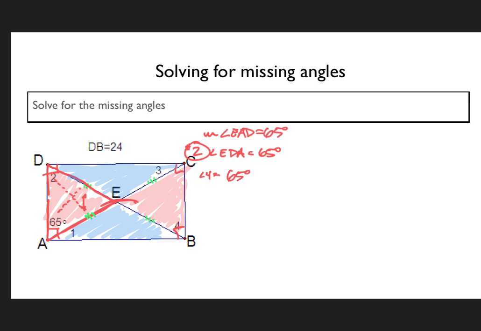Okay, but now we're looking for angle 3. What does angle 3 equal? We don't know yet. Well, because triangle BEC is isosceles, that means angle ECB is 65 degrees.